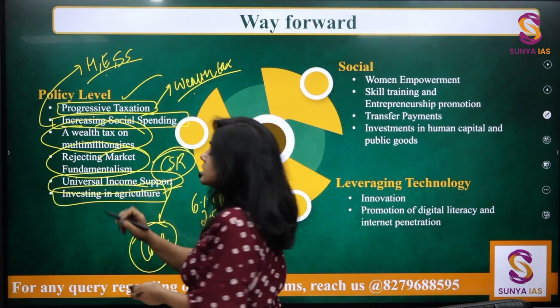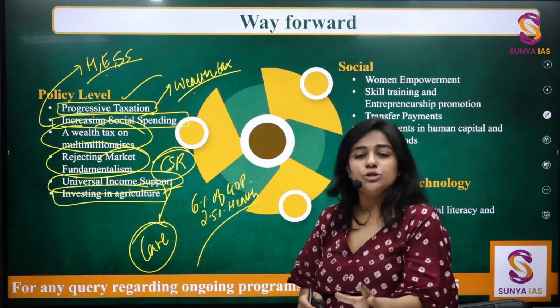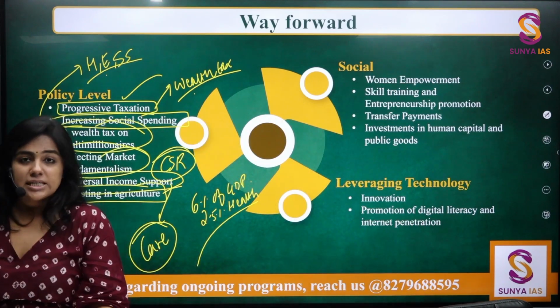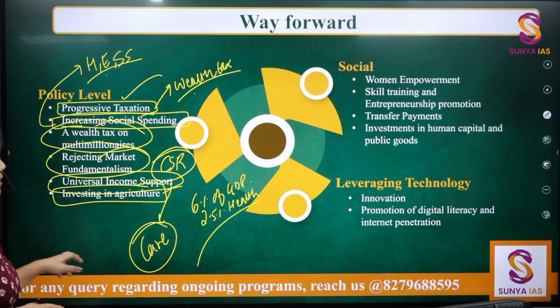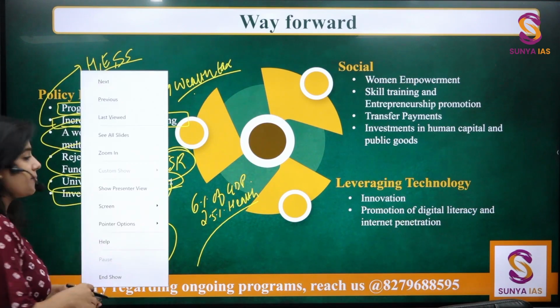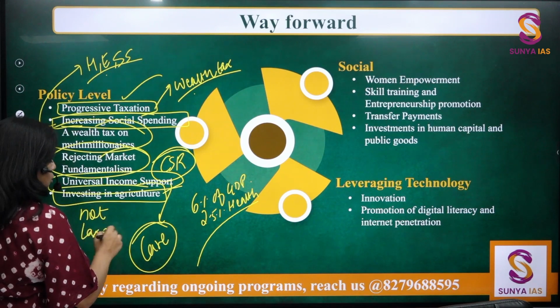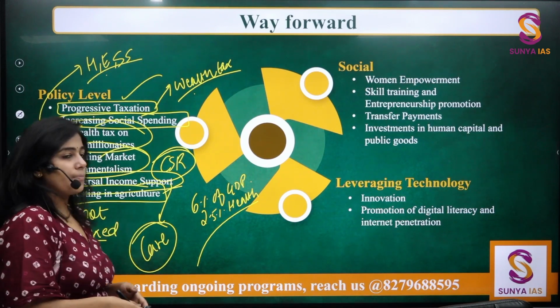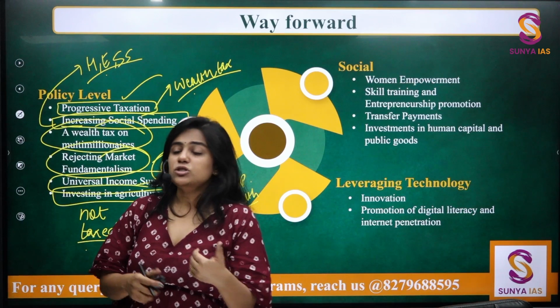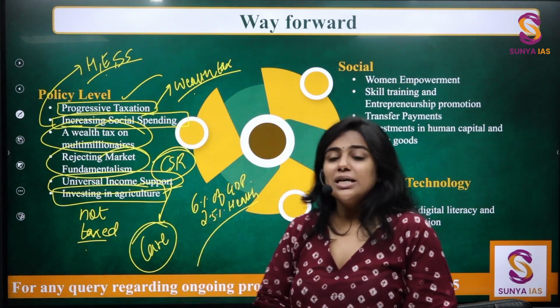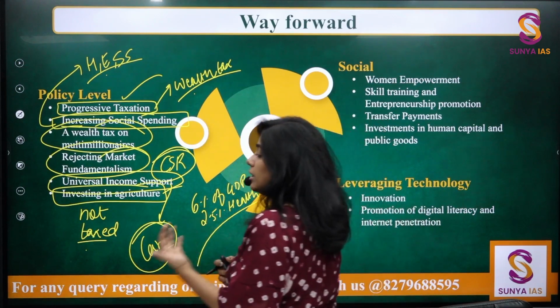And agriculture definitely has to be improved in its efficiency. And you need to understand that agriculture is something which is not taxed also. There is no tax coming from agriculture. Does that mean we should not invest in agriculture? If we do not invest in agriculture, there will be unsustainable urbanization.